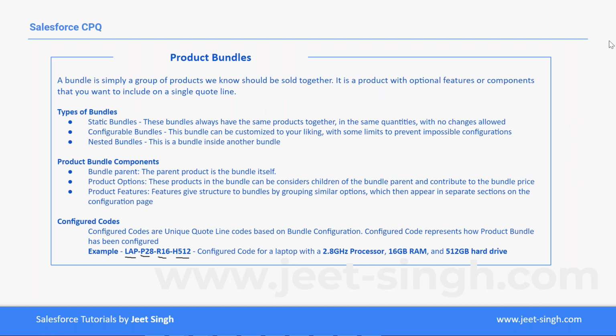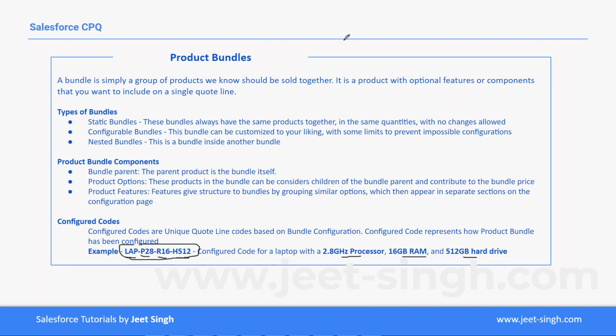Now, for the entire bundle, the configured code is the code of the entire bundle. Okay, so this will be automatically generated based on the code that you define for each of these options. These are options, right? So all that you need to do is just go ahead and define a code. It's that simple.